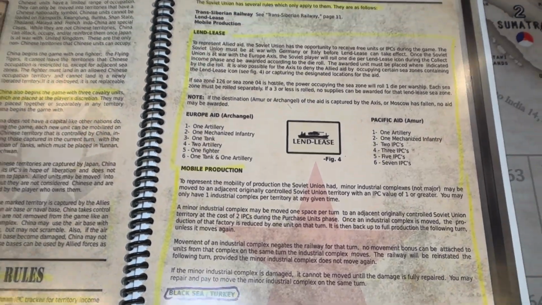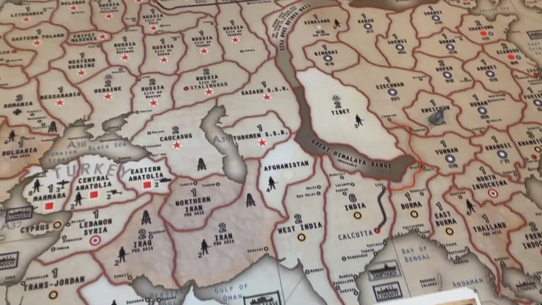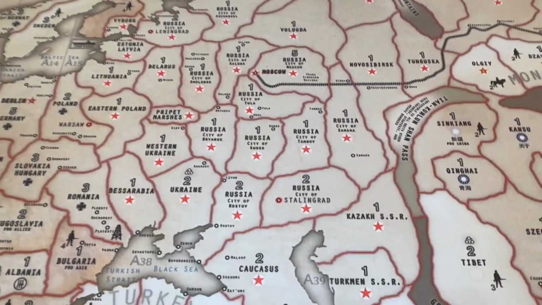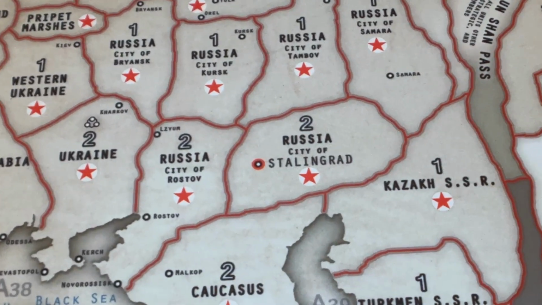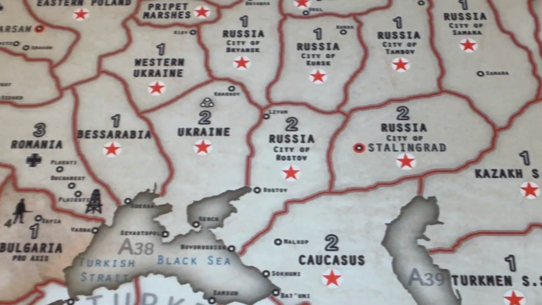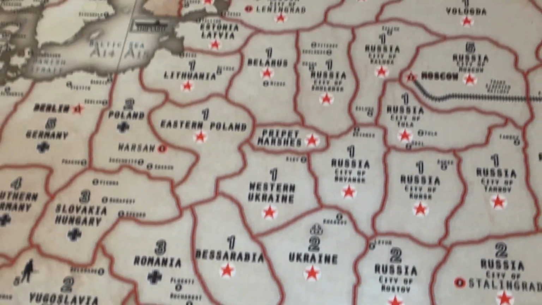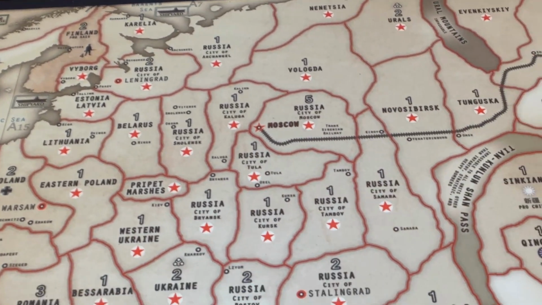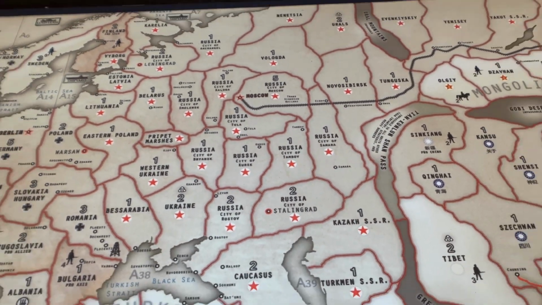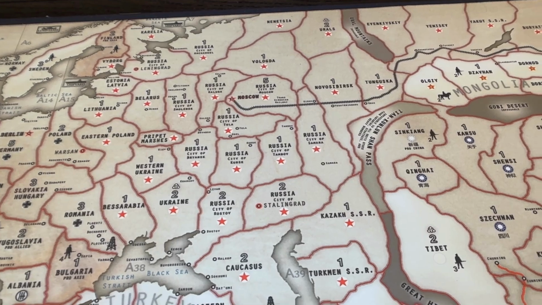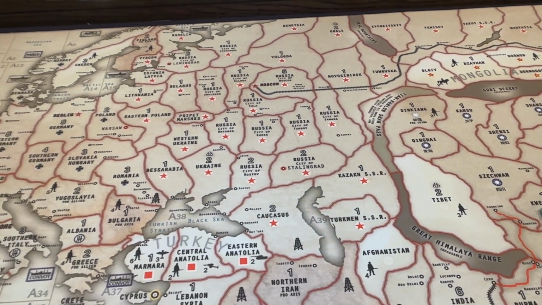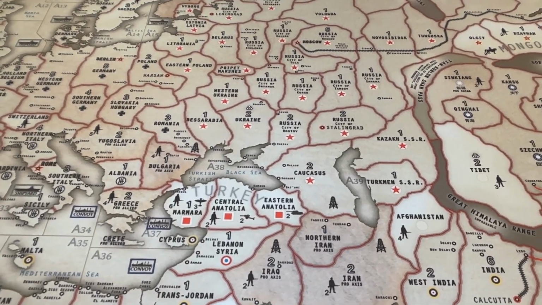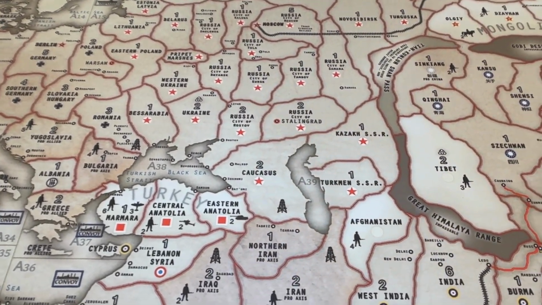There are other rules, but just the fact that industrial complexes can move at all makes them a lot harder for the Axis to kill them. So you'll start with one here in Stalingrad. You'll start with one in Ukraine. There is one in Leningrad. So there are all sorts of ways that the Russian player can keep his factories open and conversely deny the Axis from controlling them. That makes a big difference in strategy.